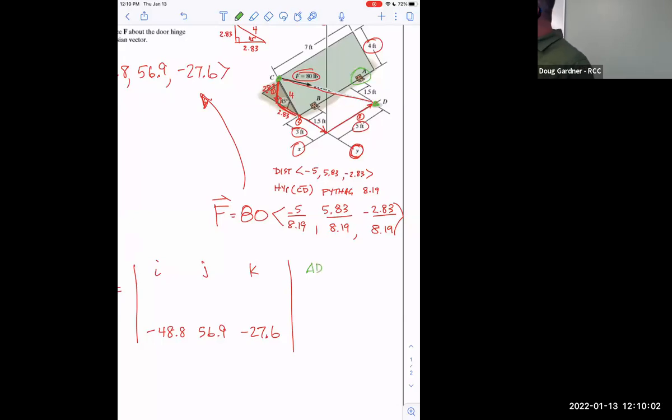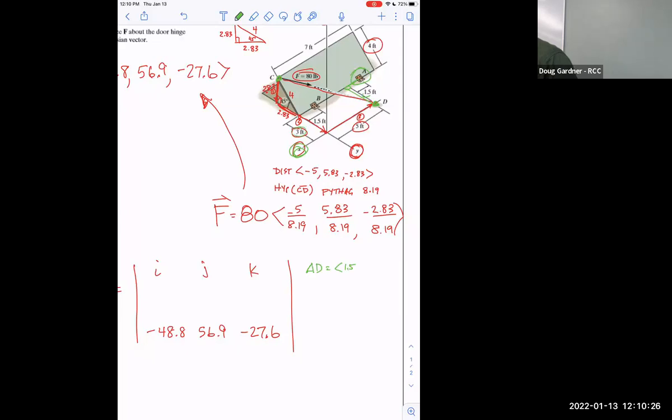Remember, we've got to list X, Y, Z. We've got to stick with X, Y, Z to get this to work. So from A, I go that way 1.5. Isn't that positive 1.5 because I'm going toward positive X? And then once I get there, I go this far to get to D. How far is that?